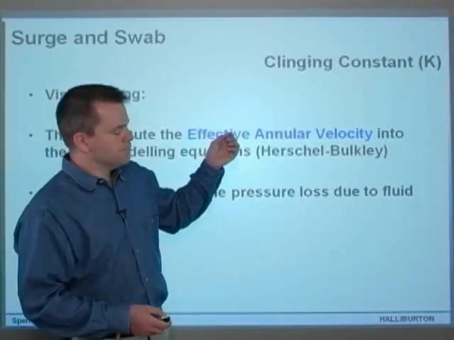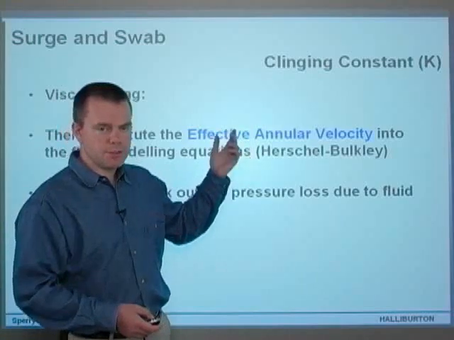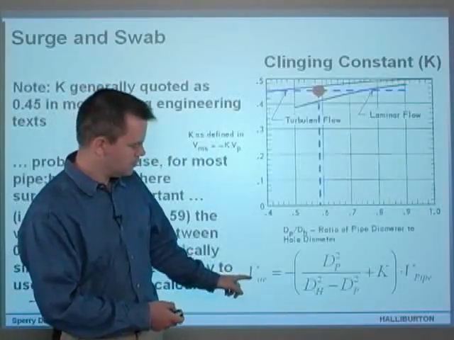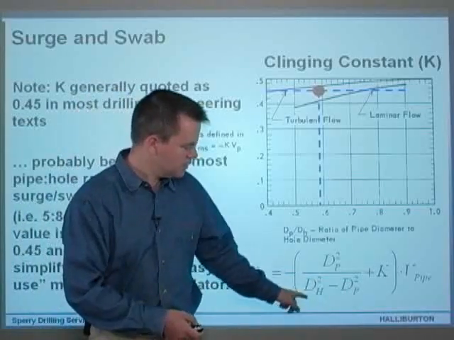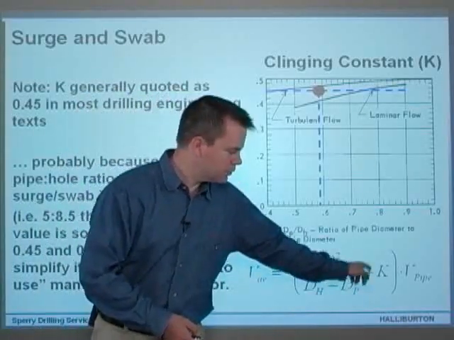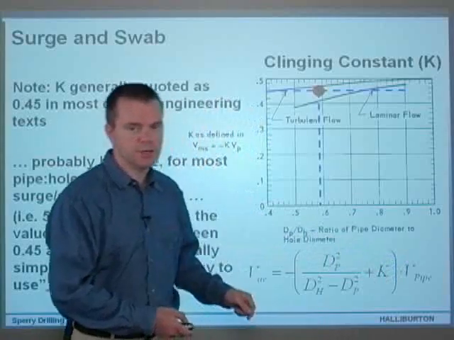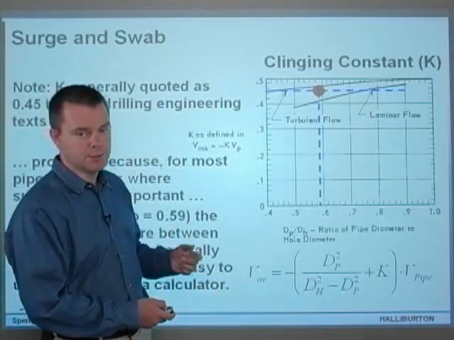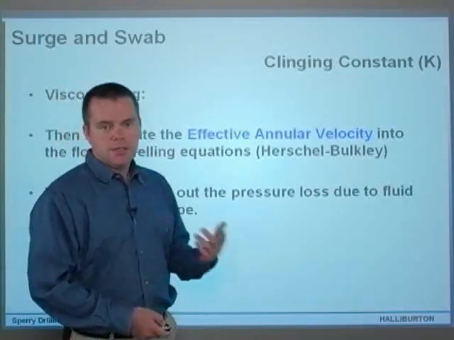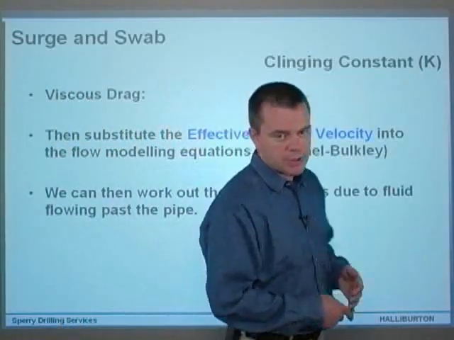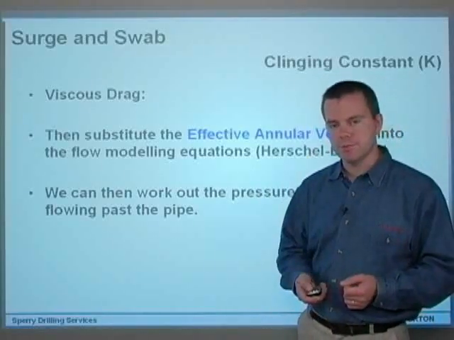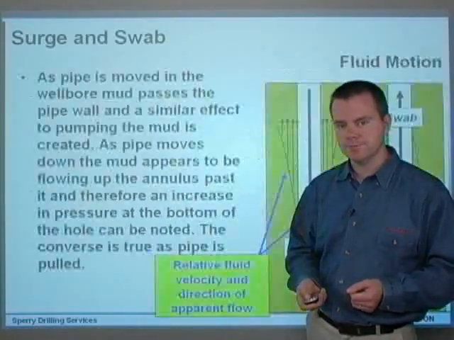So the effective annular velocity was worked out using that equation on the previous slide. This equation here, effective annular velocity, is your diameter and your clinging constant times the velocity of the pipe. So that's put into the Herschel-Bulkley equation, and we can then work out the pressure loss due to fluid flowing past the pipe as normal.